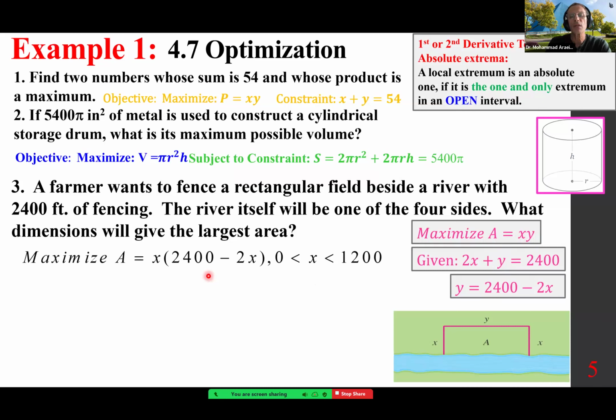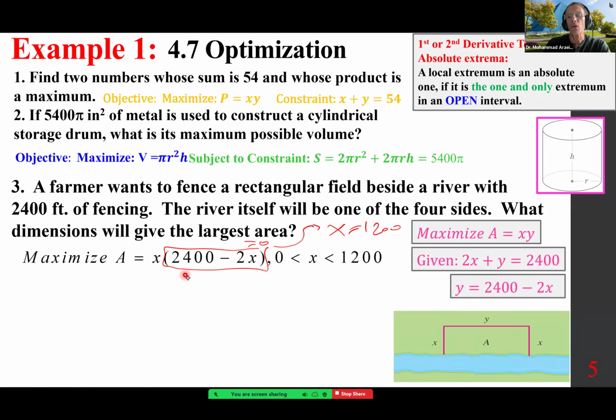Now, x is between 0 and 1200. The reason being, x is a dimension and must be positive. Also, it must be less than 1200, because if you set this expression equal to 0, x becomes 1200. At x equals 1200, the area becomes 0 also.